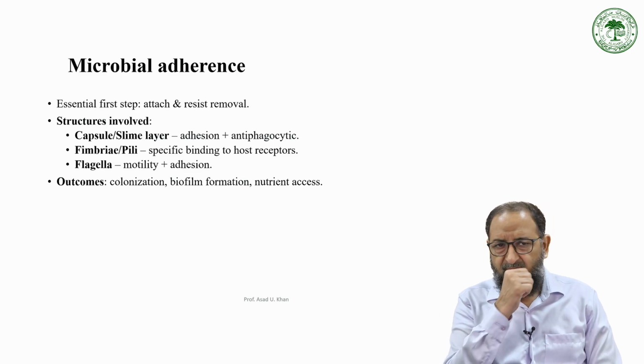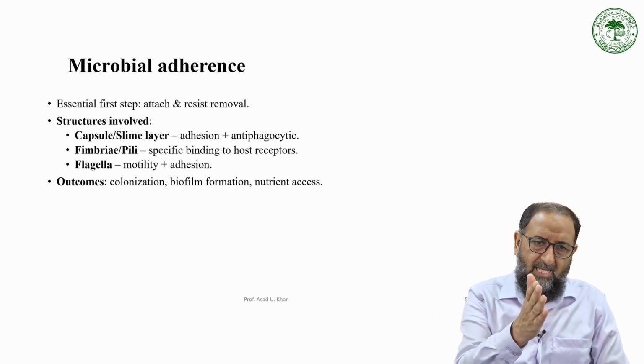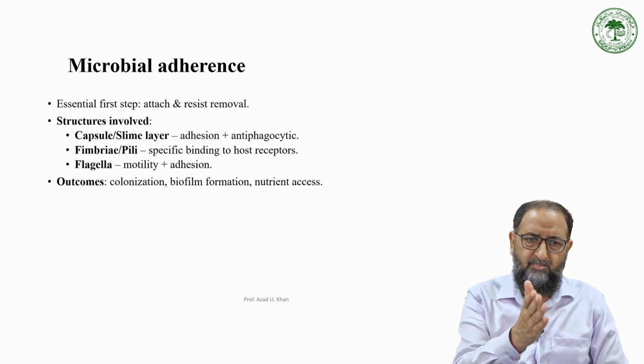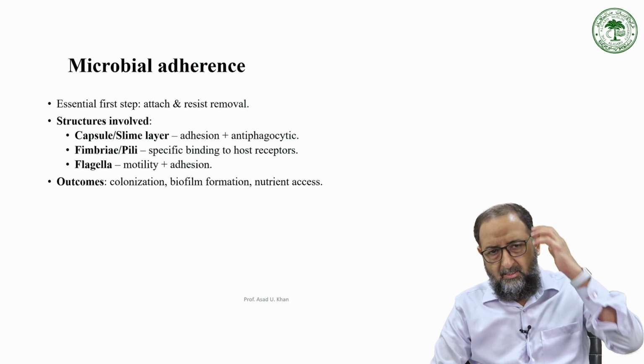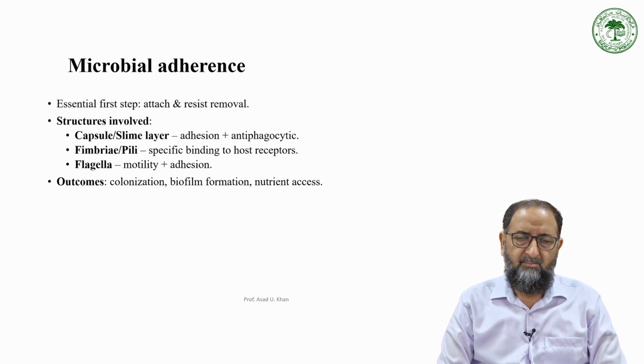The bottom line is that if we reduce these capsules, fimbriae, pili and flagella through some intervention or gene suppression, like CRISPR-Cas, then the pathogenicity and virulence factors are reduced.